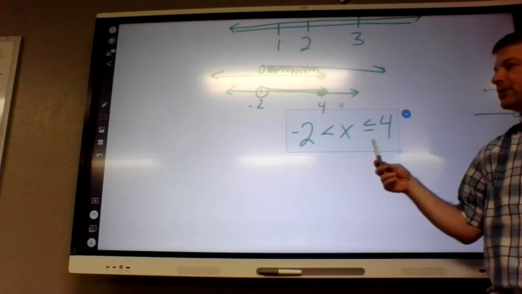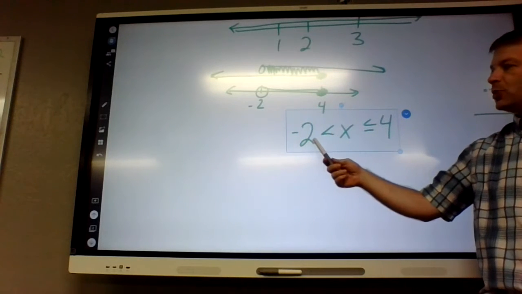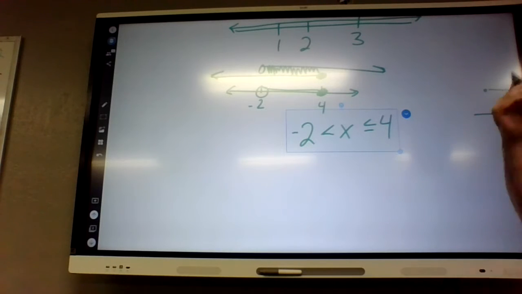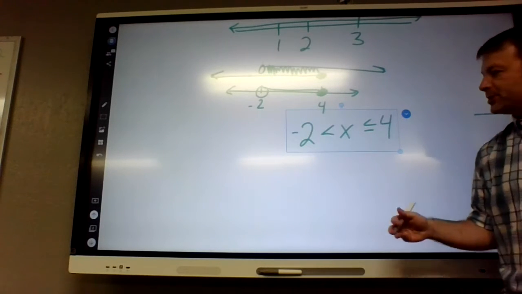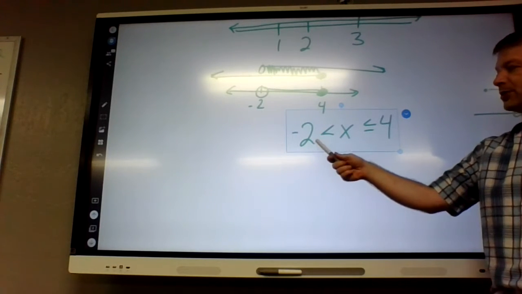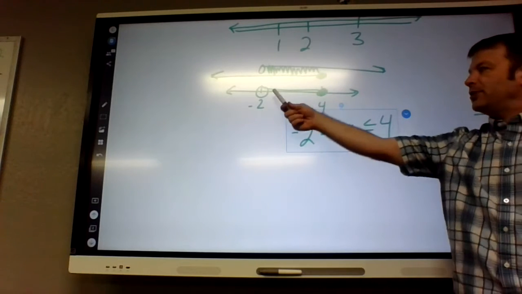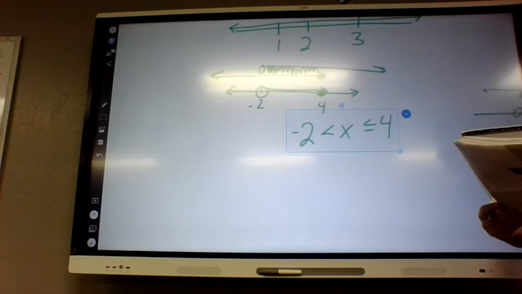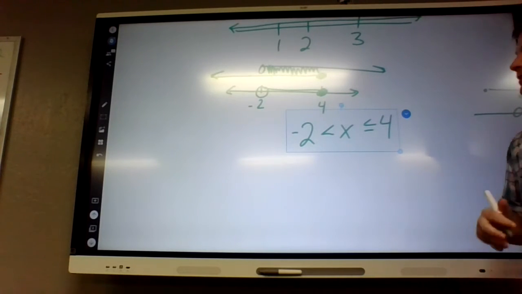So this is just another way of writing the inequality as one combined inequality. This time it's called compound inequalities, like inequalities put together. It's telling me two things at once, bigger than -2 and less than or equal to 4. So all the numbers between those two. That's what it looks like. What option was that? Somebody said it. F? Yeah, okay, F.